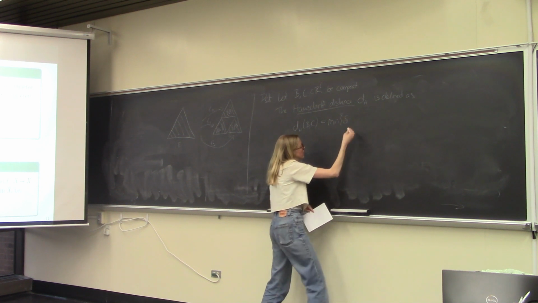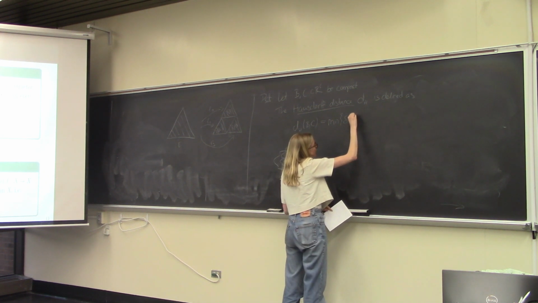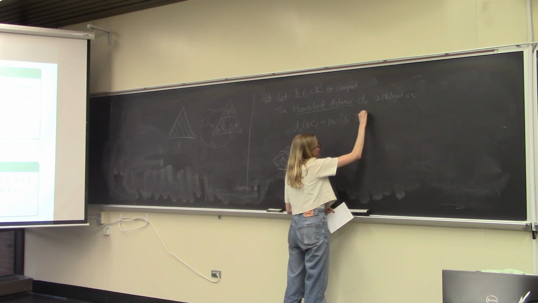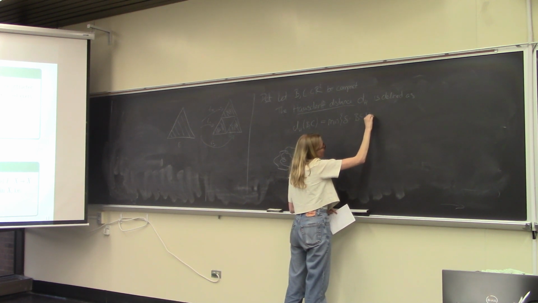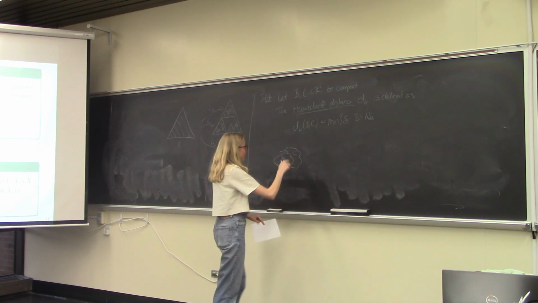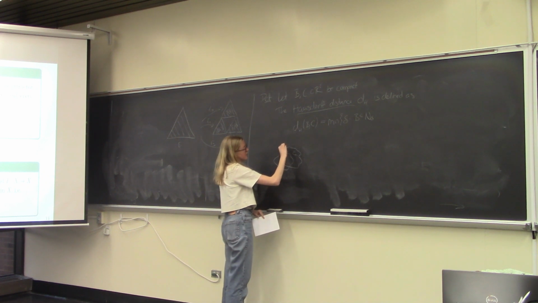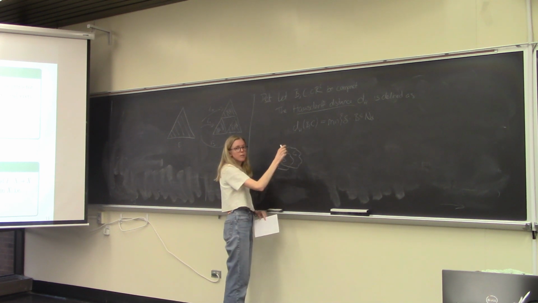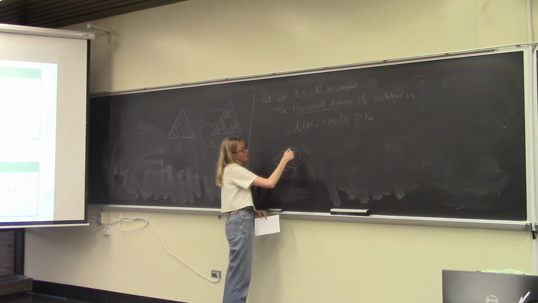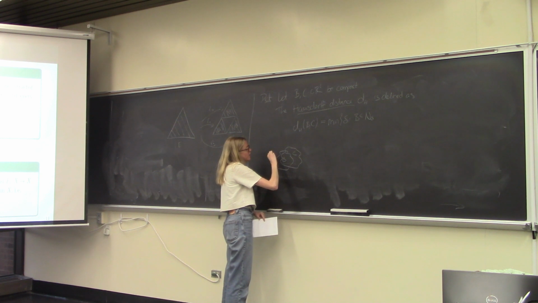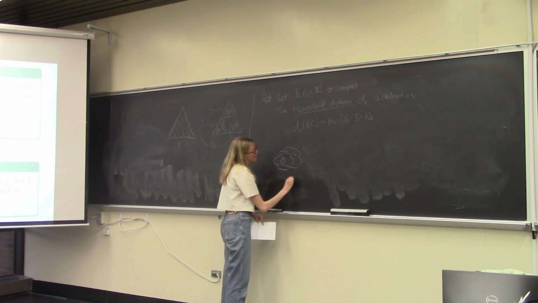delta for which we have the following, namely B is contained in a delta neighborhood, meaning that around every point of C, I look at the points whose distance is less than delta to some point in C. So the delta neighborhood of C maybe looks like this.